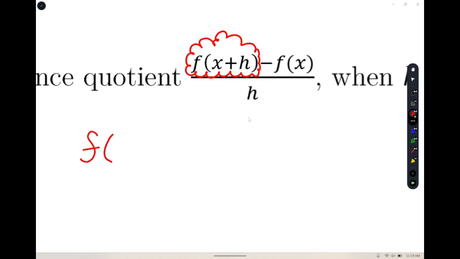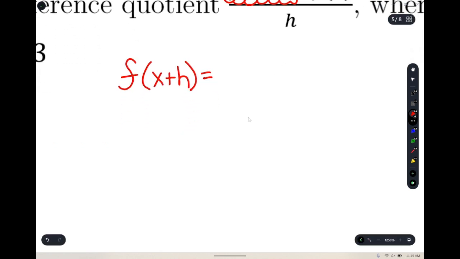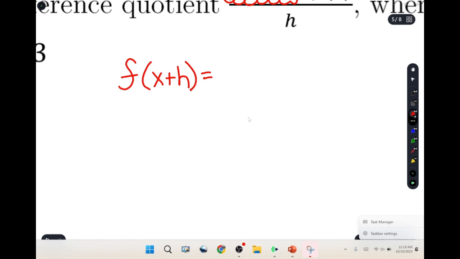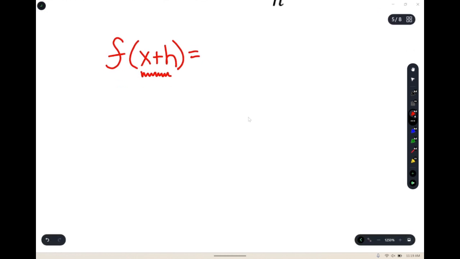f of x plus h. You don't know anything else. What's the only thing that you should be able to tell me about this right here? If you just saw this on the screen alone, you should only be able to tell me one thing that we're doing.